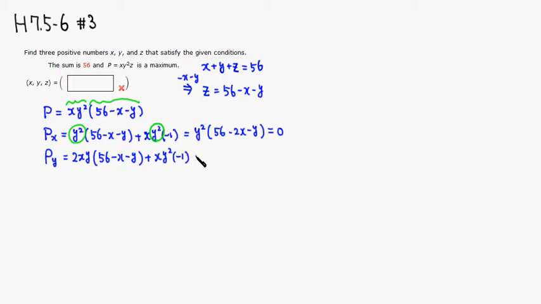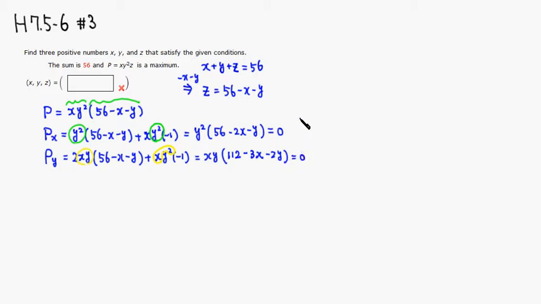What's in common is xy, so I'm going to pull out the xy. Then I have to distribute the 2, so it's 112 minus 2y, but there's another negative x, so minus 3x and minus 2y, and this is equal to 0.